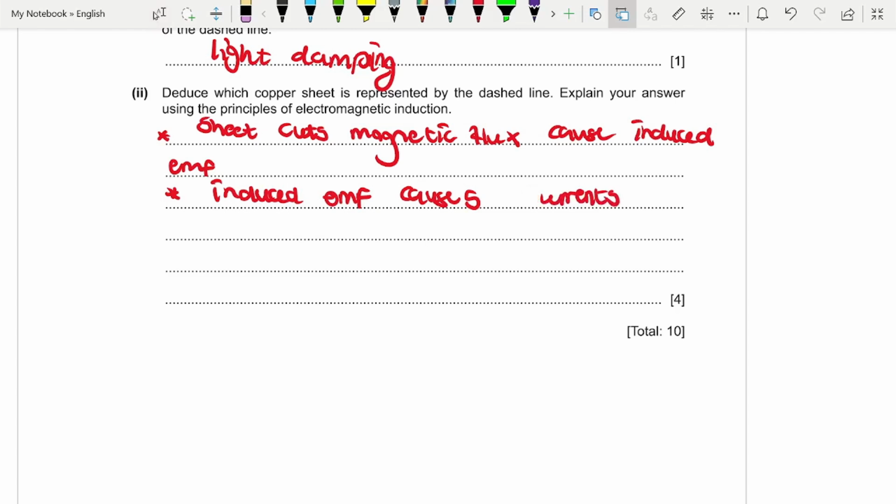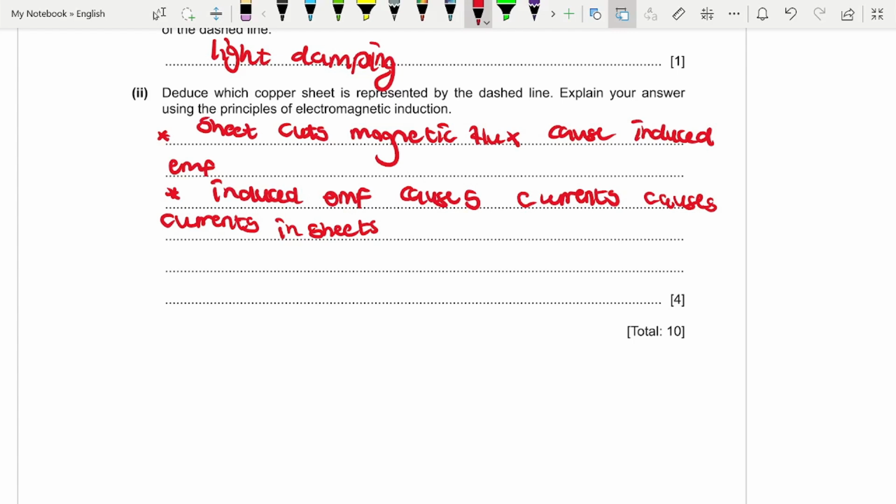in the sheet. Because if there's an EMF now present in that sheet, it's going to cause a current to be present. So induced EMF causes currents in sheets.